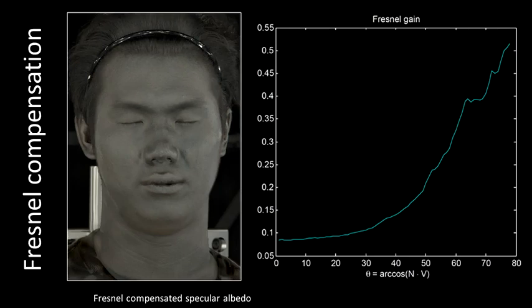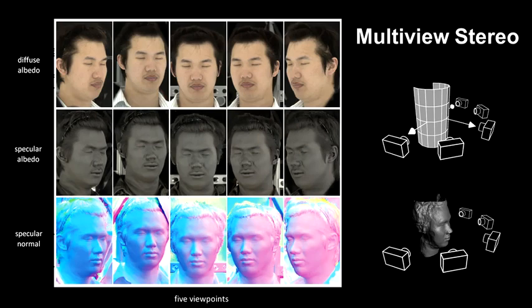And that's helpful because the stereo correspondence algorithm that Graham Fyffe wrote, and he's going to be up here shortly to talk about facial animation techniques, uses the diffuse color of the skin everywhere, which is very view independent under this multi-view process. It uses the specular intensity as well, which, now that it is Fresnel compensated, is much more photoconsistent from view to view, so you can do correspondence using that component.